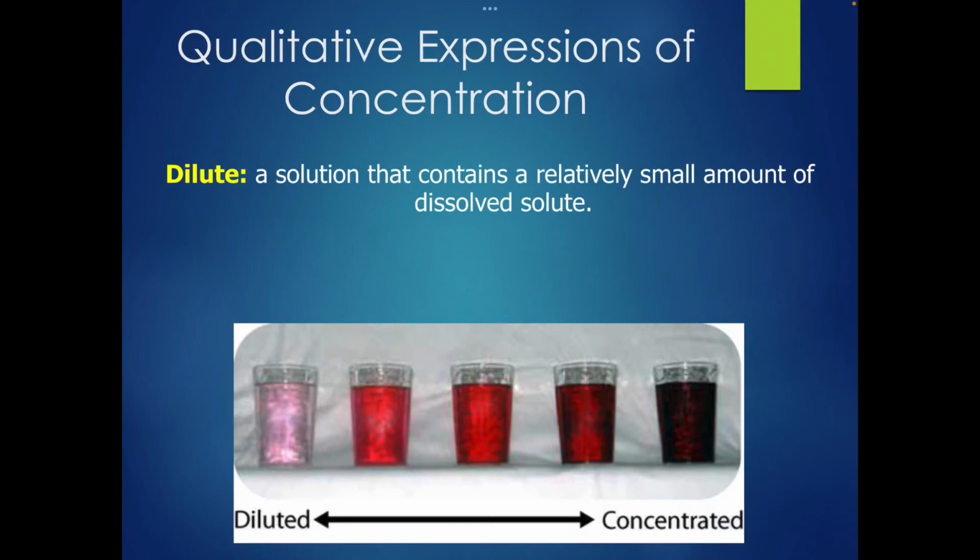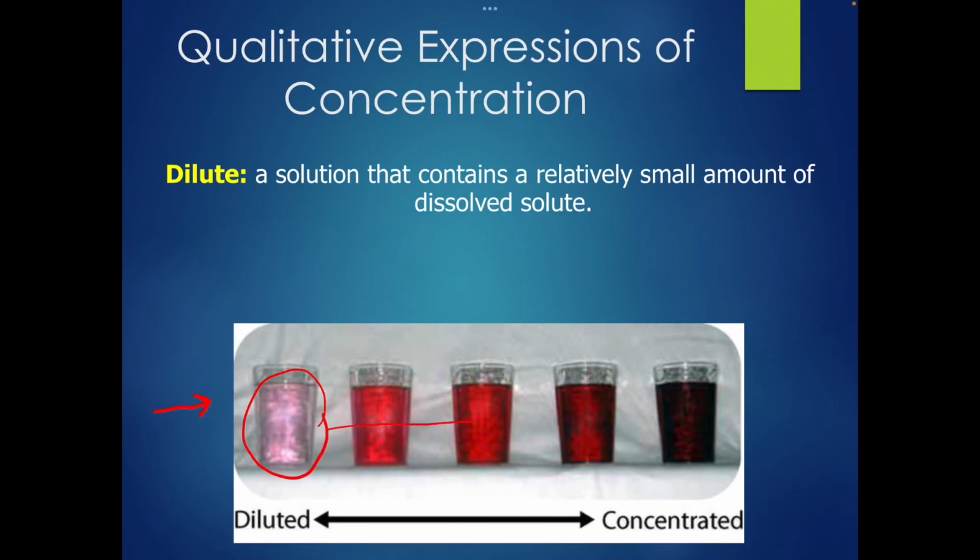But if it did have a color, let's say we were working with a copper solution. Copper is blue in solution and it's really pretty, and that would allow us to tell how much there is. Or like this, let's say we were making that Kool-Aid I was talking about earlier. If we just put in a little bit of our cherry Kool-Aid packet, it would make a really light color because there's not a lot of solute in it.